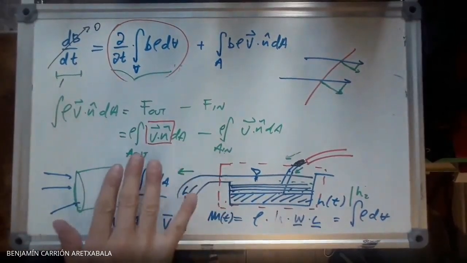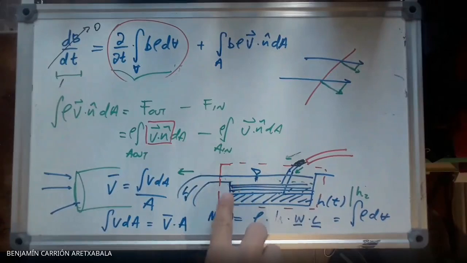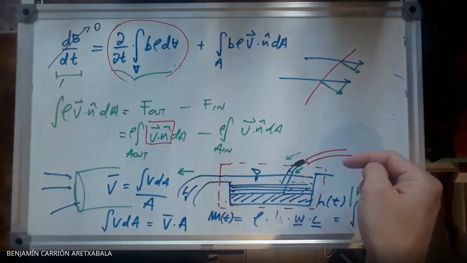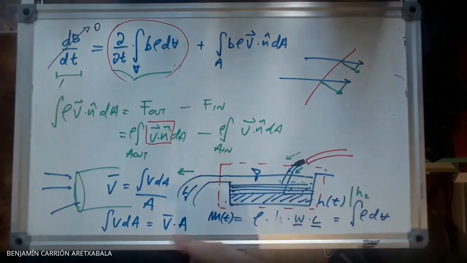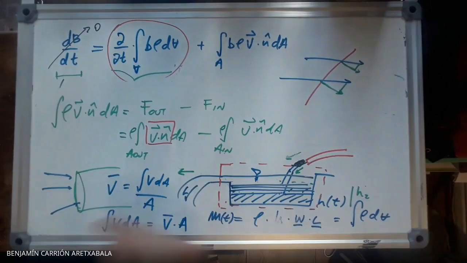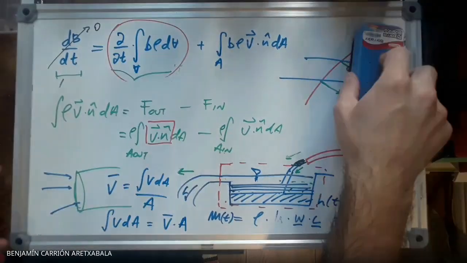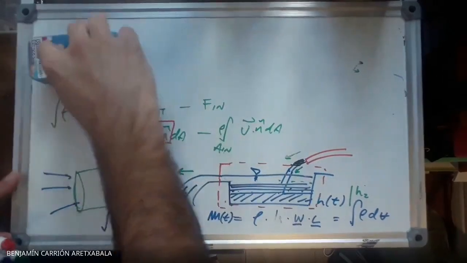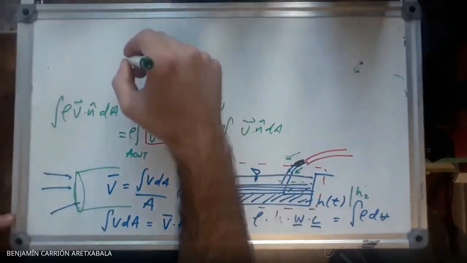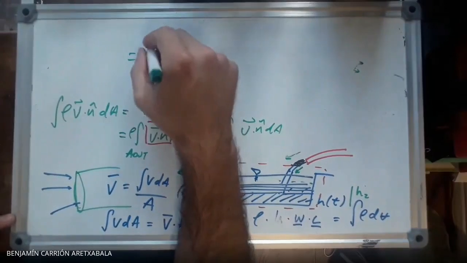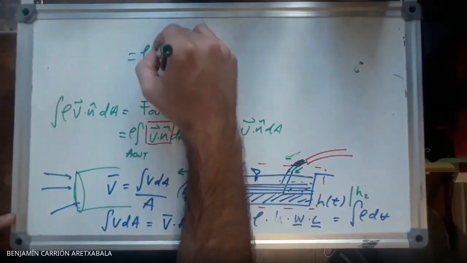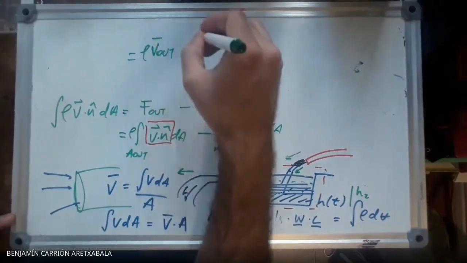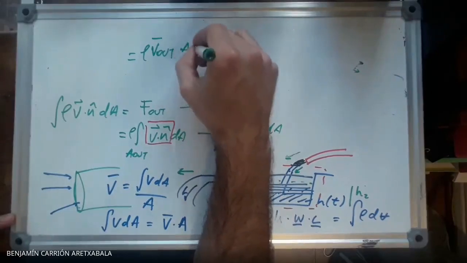So if you have steady state and you have one surface over which water is coming in and one surface over which water is going out, so I'm going out now. So F out is going to be nothing more than rho V out, the average velocity out, times the area out.